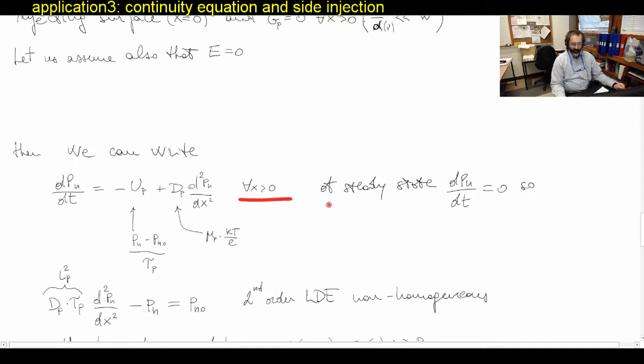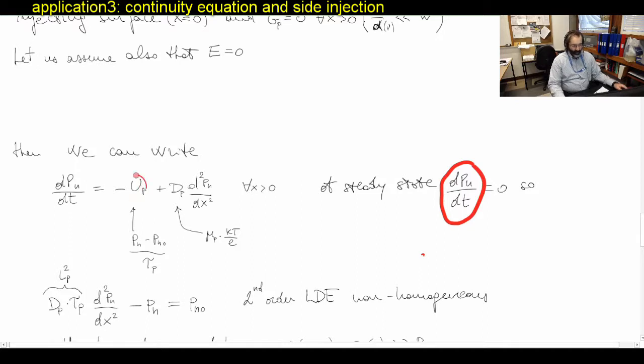Now, if we assume that we are at steady state, it means that enough time has passed and the system has reached equilibrium, whichever this equilibrium is, and so Pn is not changing in time anymore, and so dPn/dt is 0.